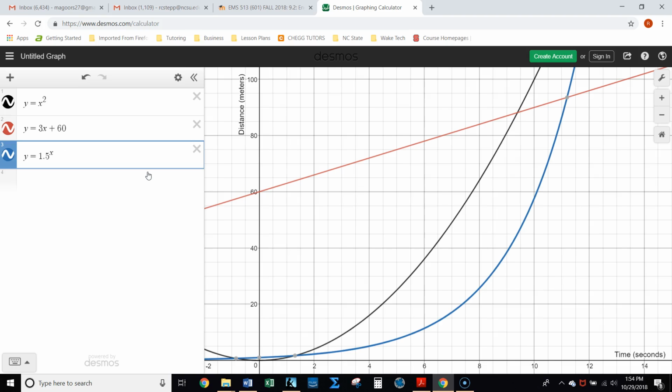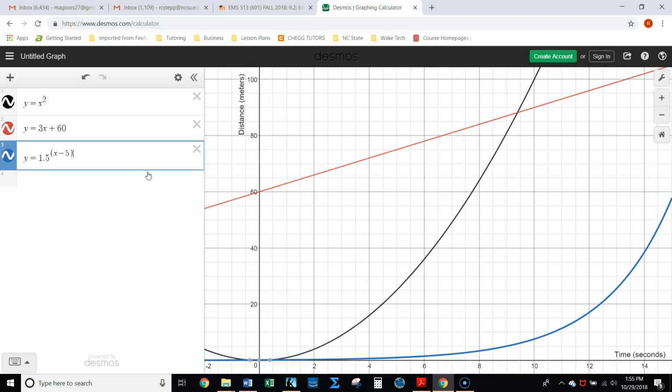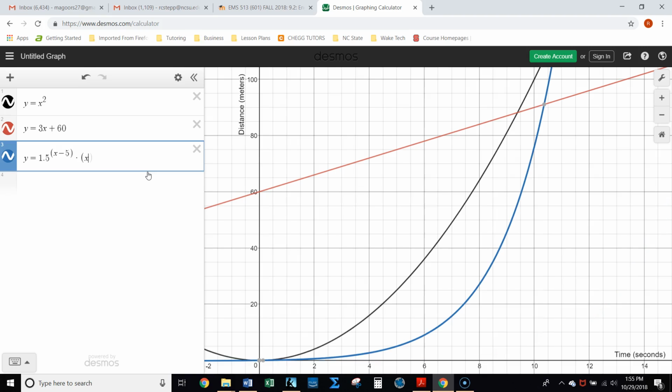I have to put some parentheses here. And this is times 5, x minus 5.